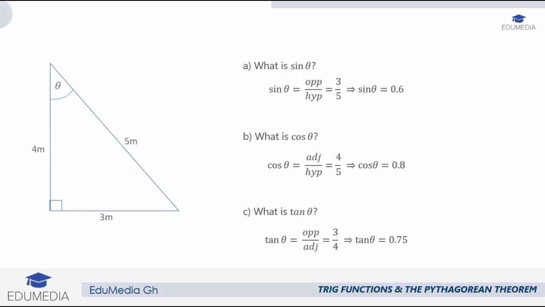Notice that when we solved for sine and cosine, we got decimals less than 1. What we should understand is that the sine and the cosine of an angle are always going to be less than 1.